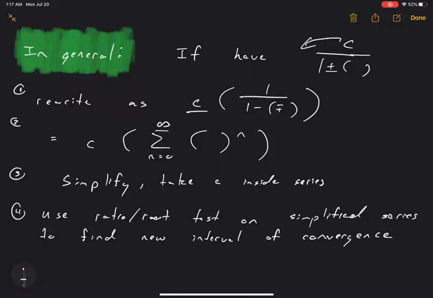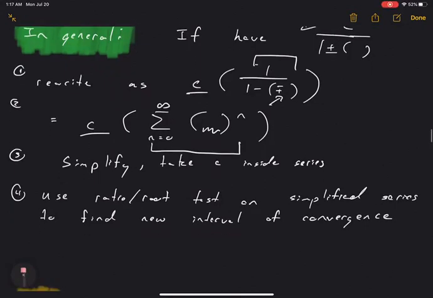Once we're here, we should be able to write a power series for this thing, right? And that's kind of what I've done here. I've written a power series for the stuff inside parentheses, and this parentheses here is going to be this parentheses here. And then I still have my c outside, multiplying.